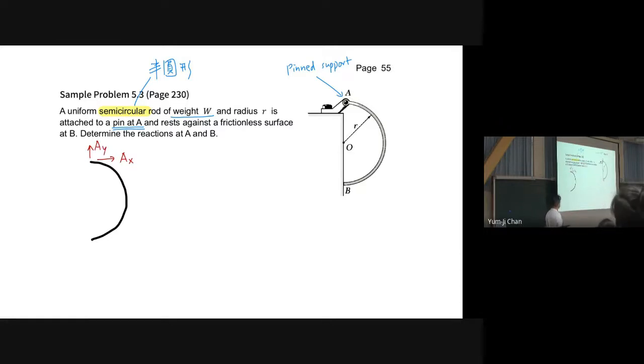And because point B is frictionless, and we will talk about friction in one or two weeks' time, you can say it is smooth.